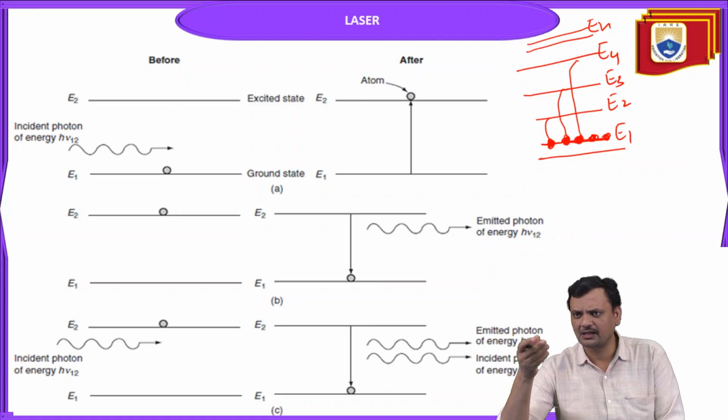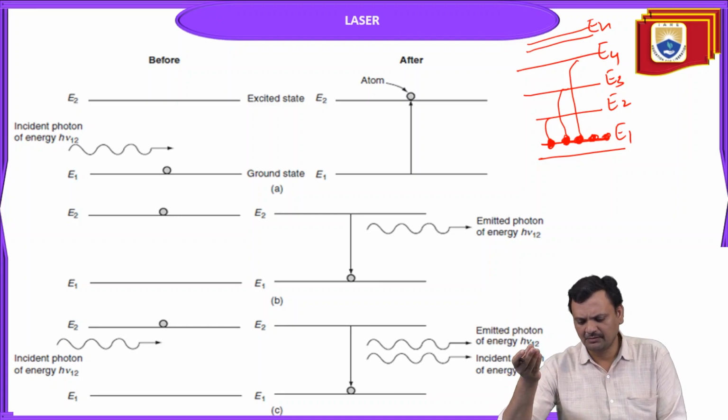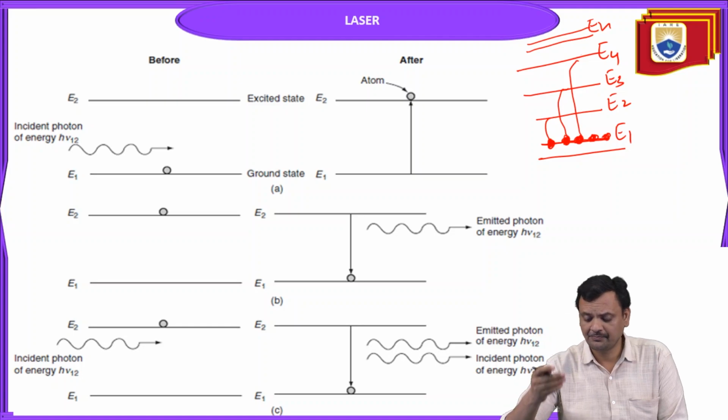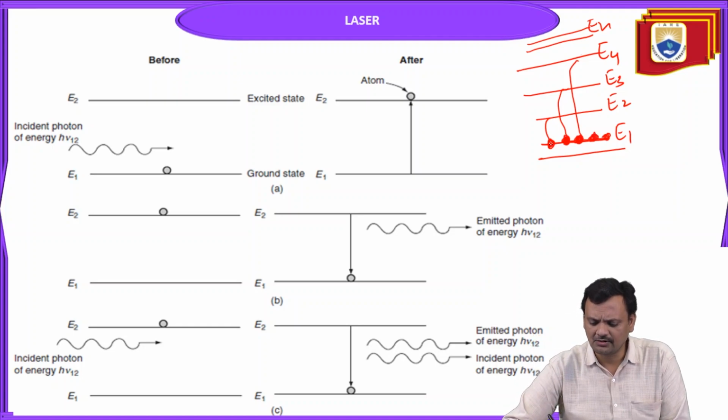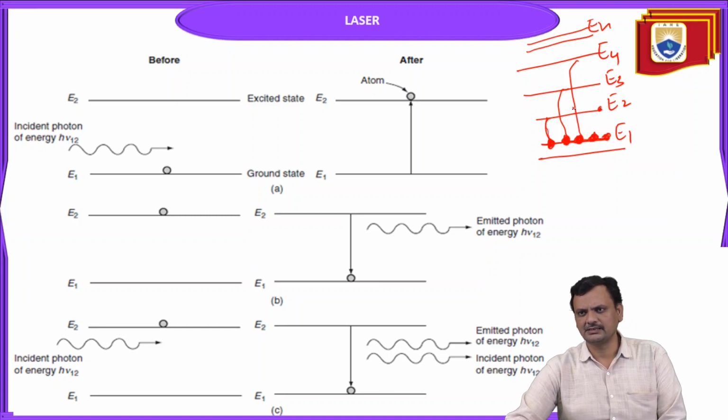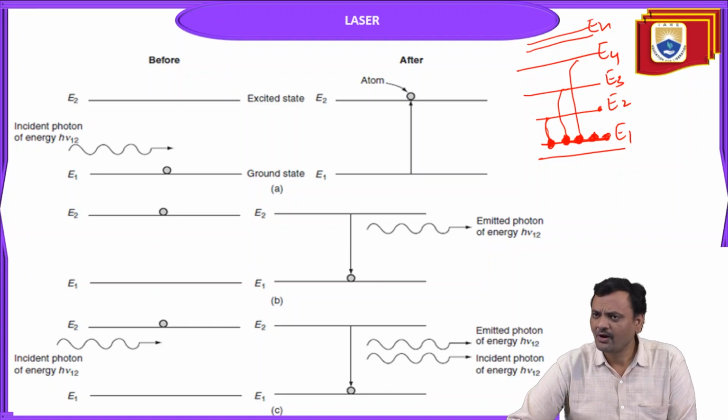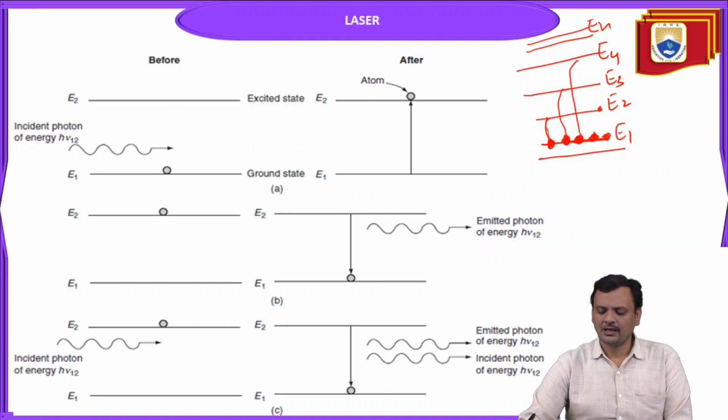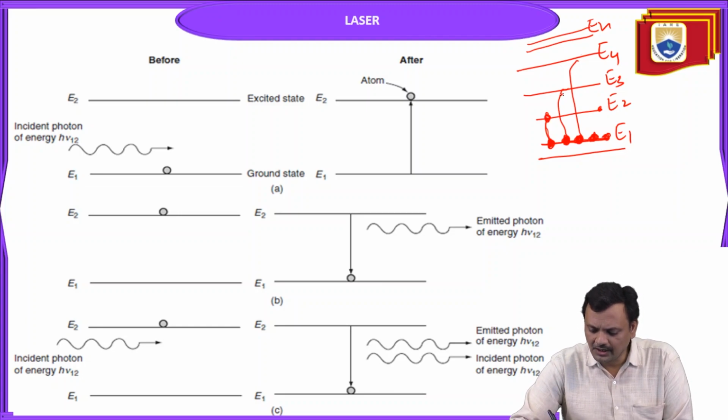But if there is only a small, sufficient amount of energy incident over these electrons, they will at least jump to their next excited state, that is E2 or E3. So now the electrons have reached here.